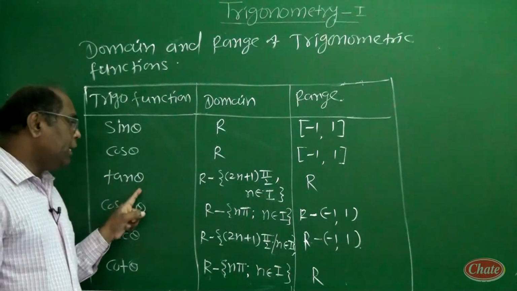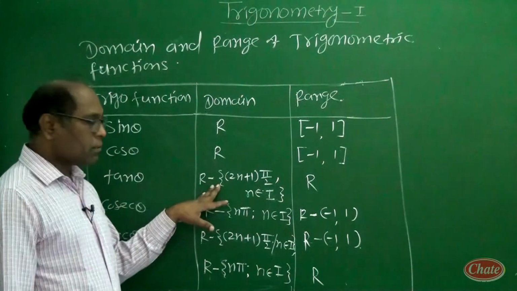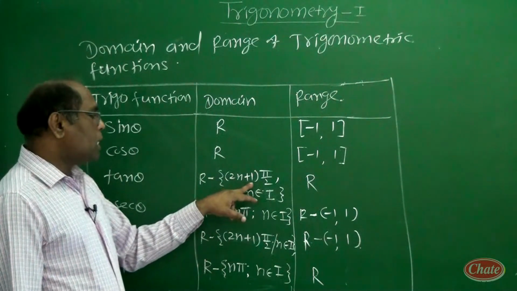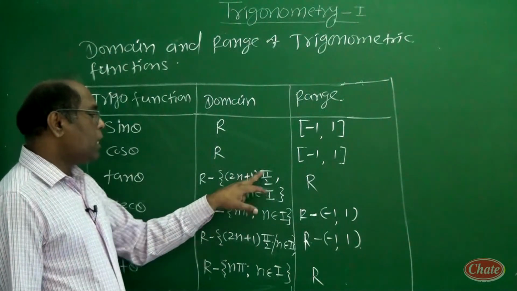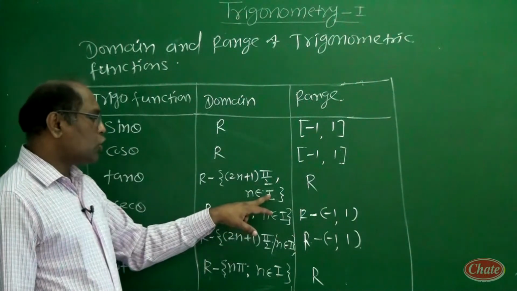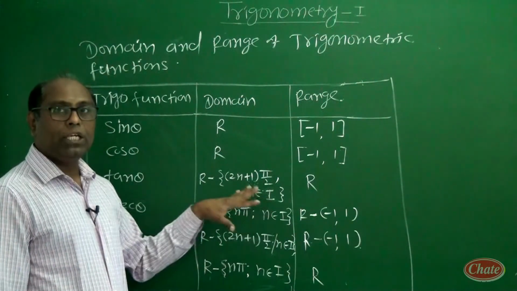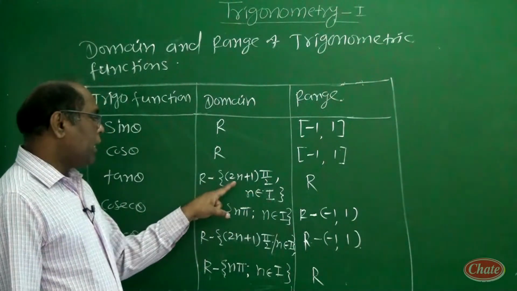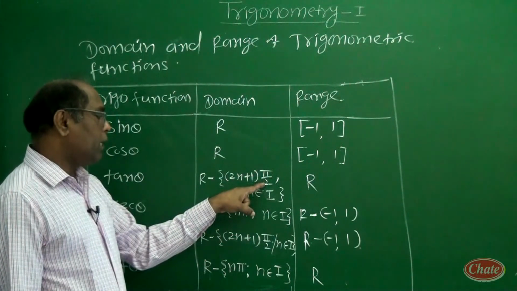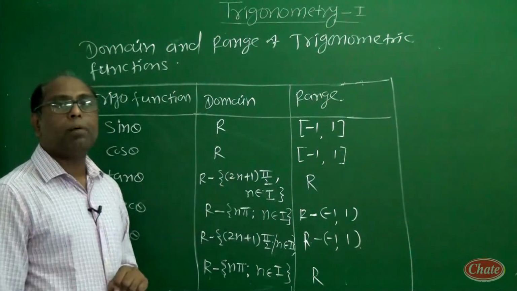The domain of tan theta is R minus (2n plus 1) times pi by 2, where n belongs to I. What is n? An integer. R minus (2n plus 1) pi by 2 means the odd multiples of pi by 2.